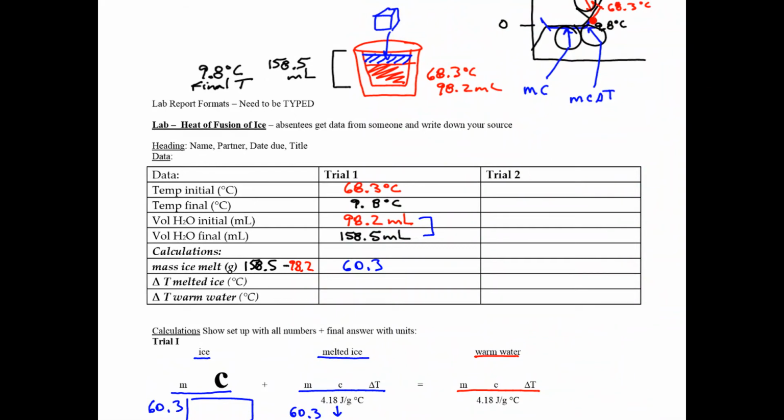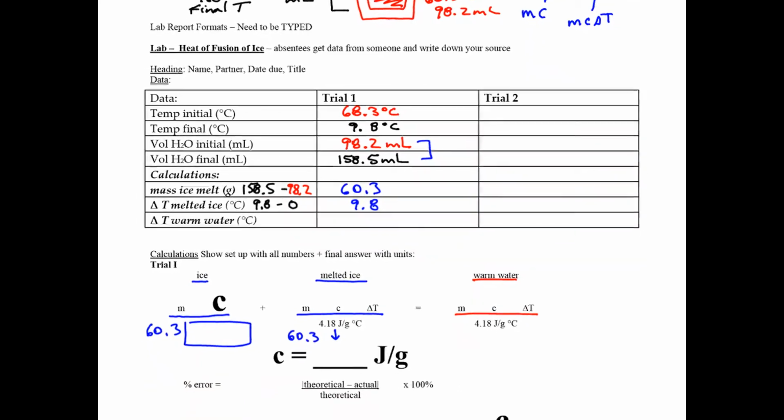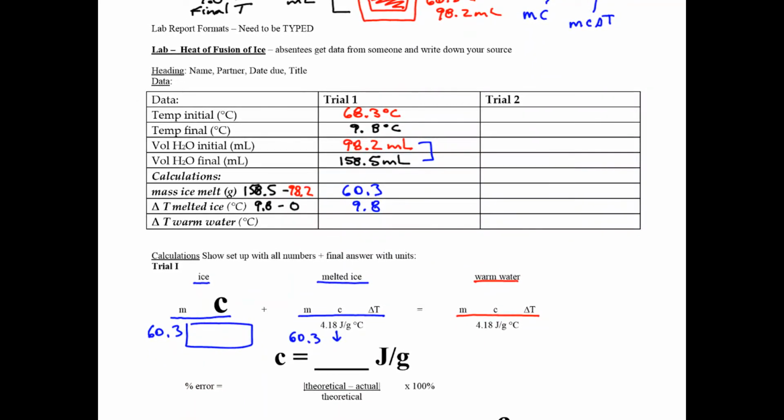So that's a difference of 9.8. So you do need to show that calculation. So you're basically going to write 9.8 degrees Celsius minus 0. That's going to equal 9.8. So that's the delta T of the ice that heated up. So I'm going to write that over here. 9.8 degrees Celsius.